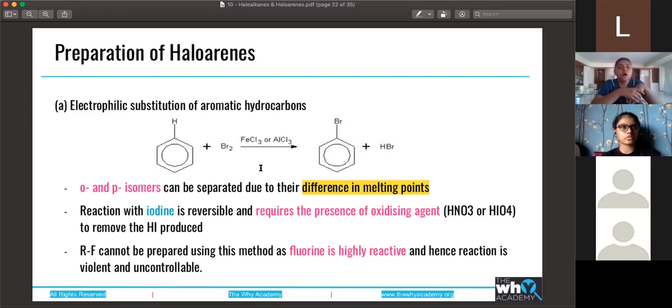It is ortho-para directing, right? So it will become 2-bromotoluene or 4-bromotoluene. It's not either or. You get 50-50 of ortho and para products. Oh yeah, sorry. Those are the major products, and meta is minor.